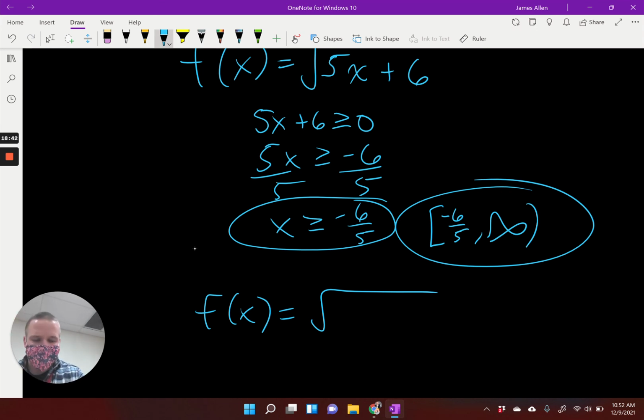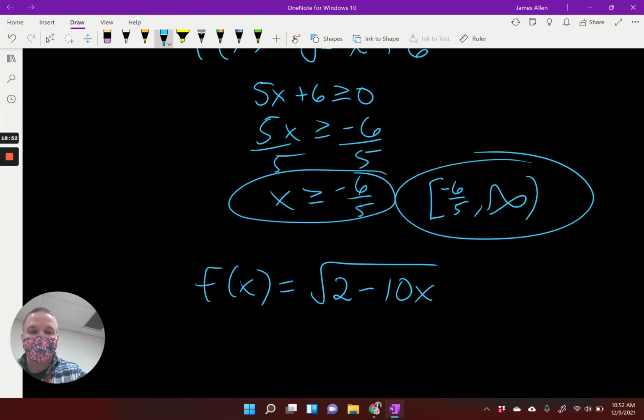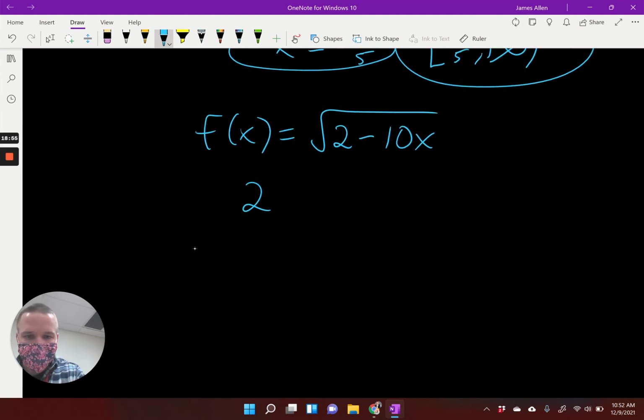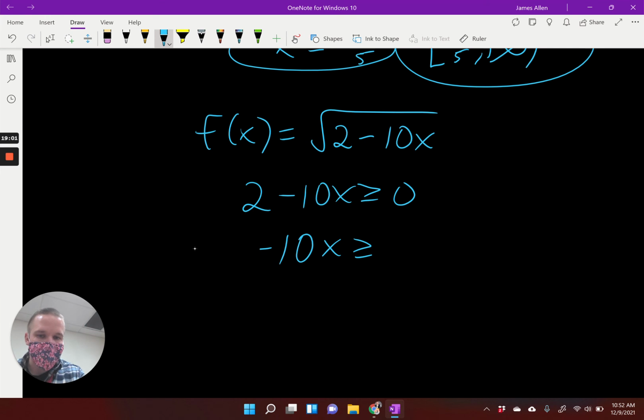All right. What if I had this? Are you ready? How about 2 minus 10x? All right, so we're going to put that greater than or equal to 0, the part that's inside of my radical. So 2 minus 10x is greater than or equal to 0. So I'm going to have negative 10x is greater than or equal to negative 2.